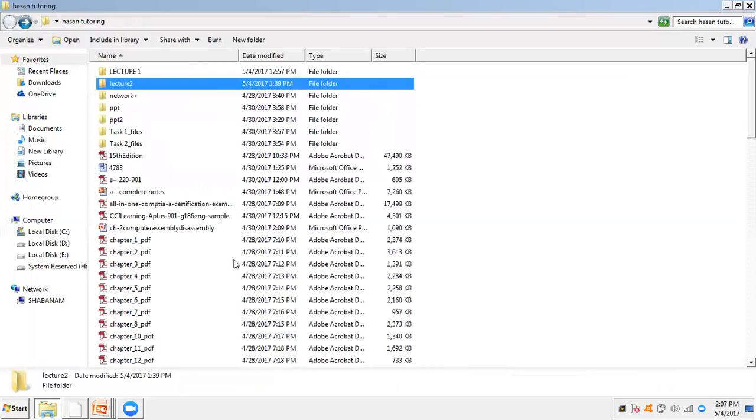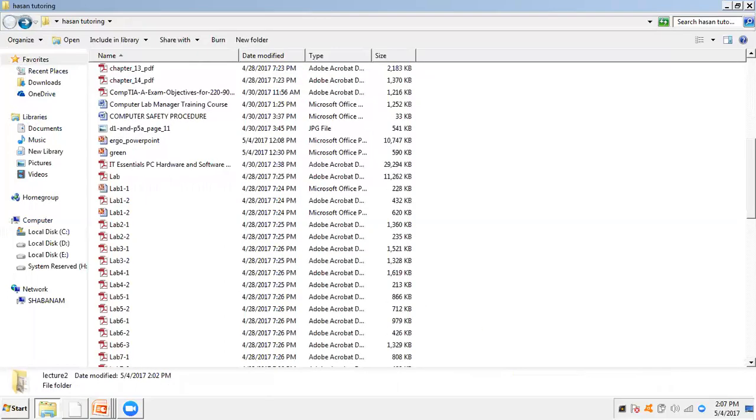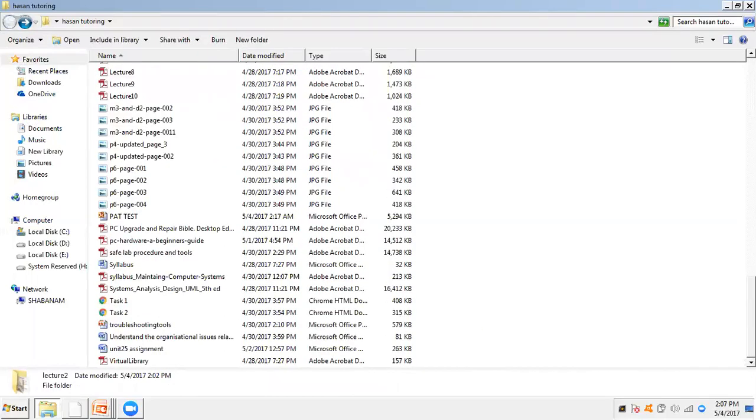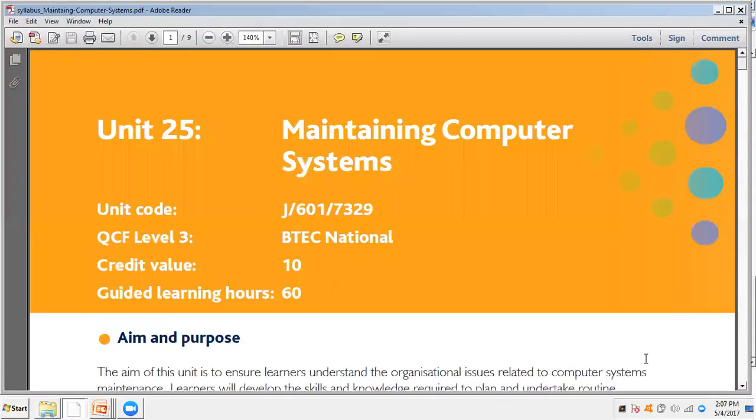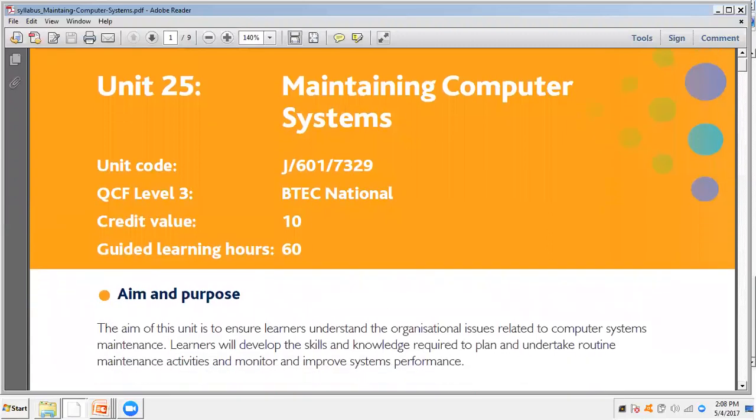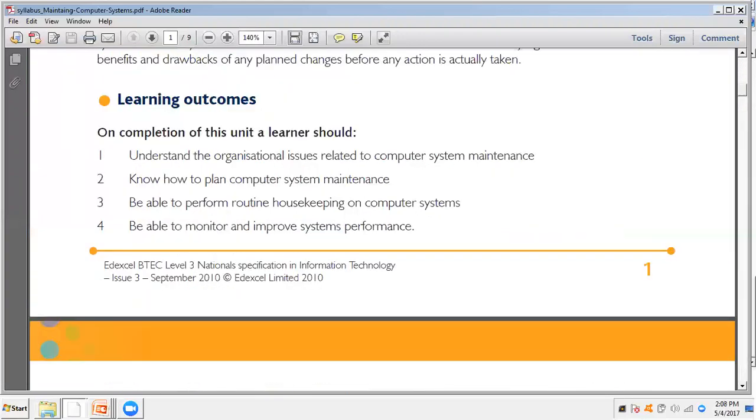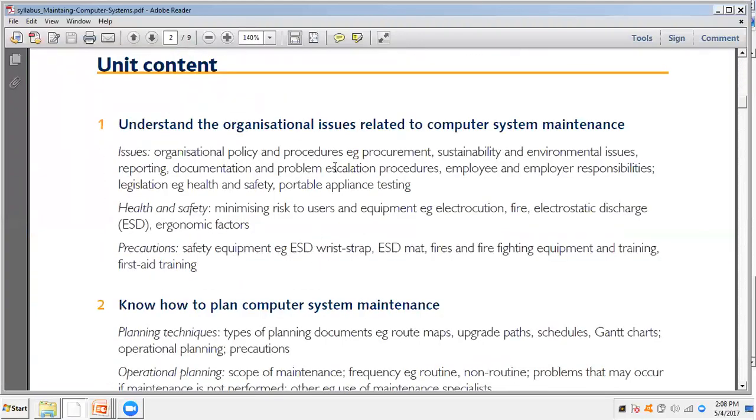It's related to sustainability and environmental issues. We already studied a little bit, but we have to see sustainability in detail. What is sustainability? Can you explain what is sustainability?